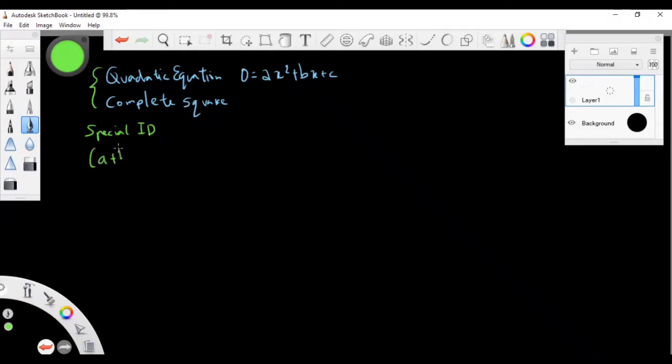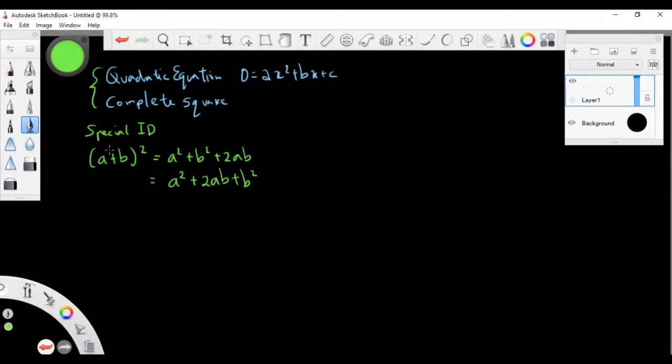For example, (a plus b) squared is equal to a squared plus b squared plus 2ab. You can put 2ab in the middle of the equation or on the last side. You can write it like this also: a squared plus 2ab plus b squared.